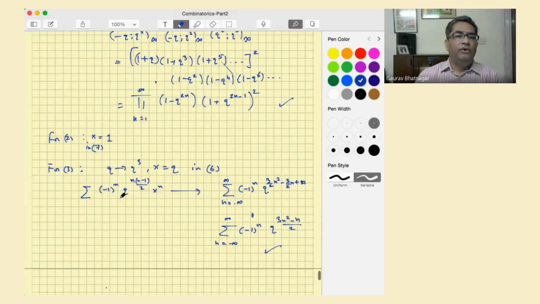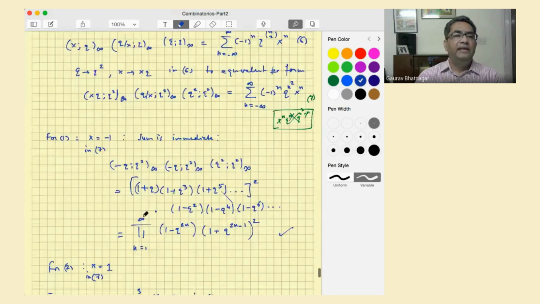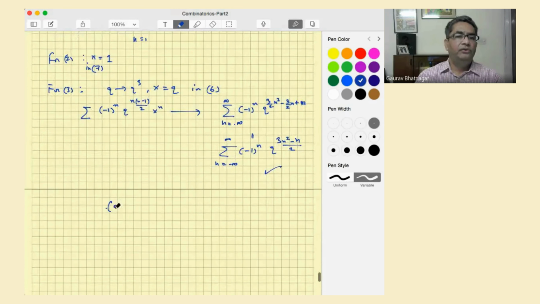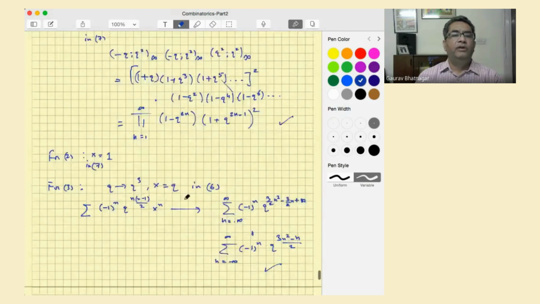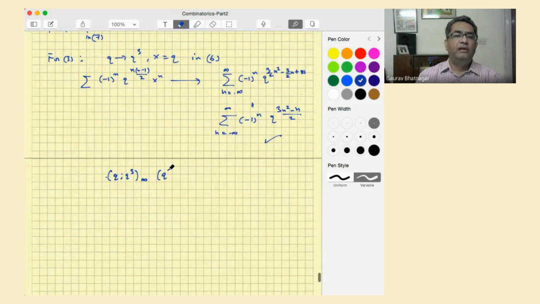And for this side, you have q infinity. So q goes to q cubed. Then you have q cubed over x, that's q squared, q cubed infinity, and the third one is q cubed infinity.